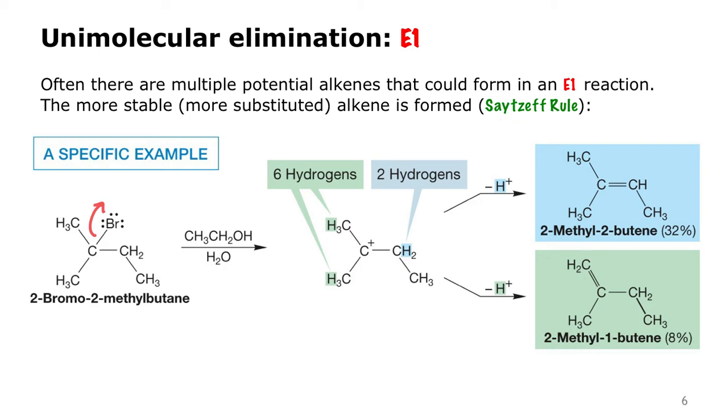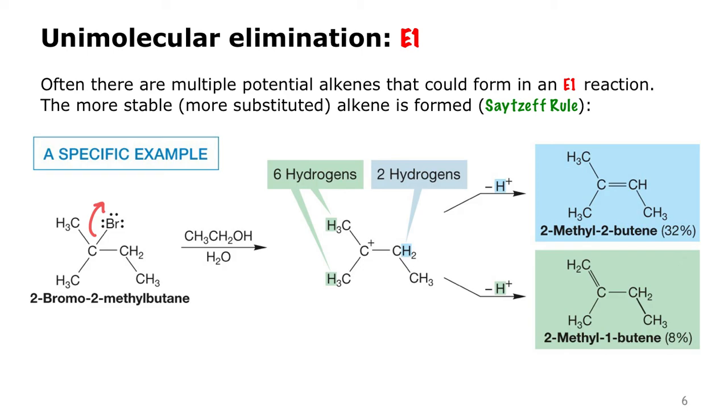Zaitsev looked at these types of elimination reactions and made the observation that when you have the possibility of forming double bonds in different places in a structure, so here we could form the double bond here in the middle of the molecule, we could form the double bond here, his observation was that the reaction favored the formation of the more stable alkene, the more substituted alkene.